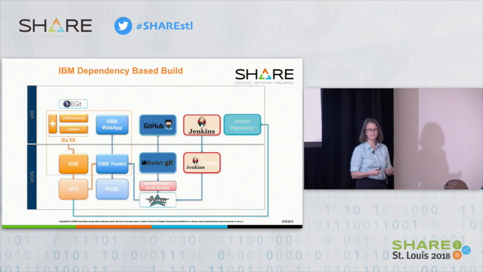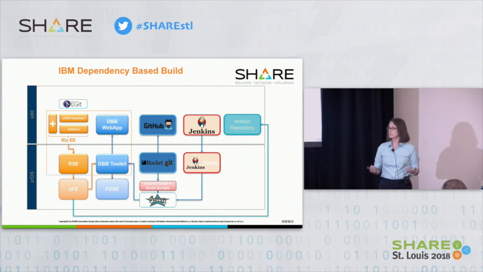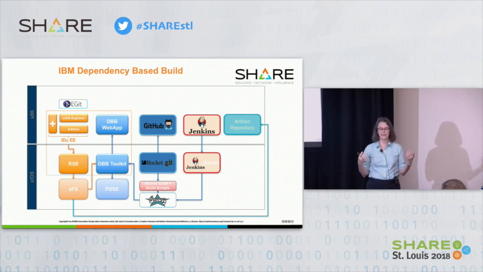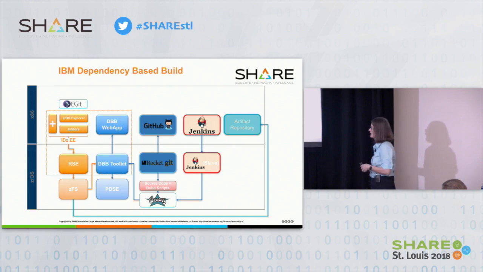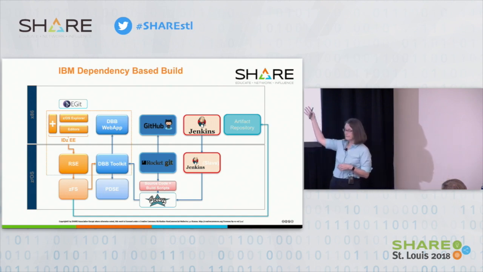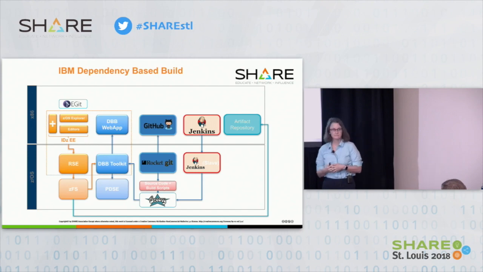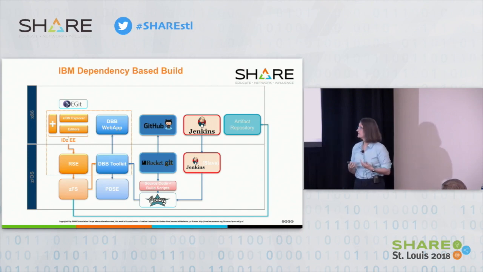When we look at this picture, this environment, this is sort of what you end up with. You need a way of using Git. So in this picture and in my example, we have eGit working with IDz in my environment as my editor.